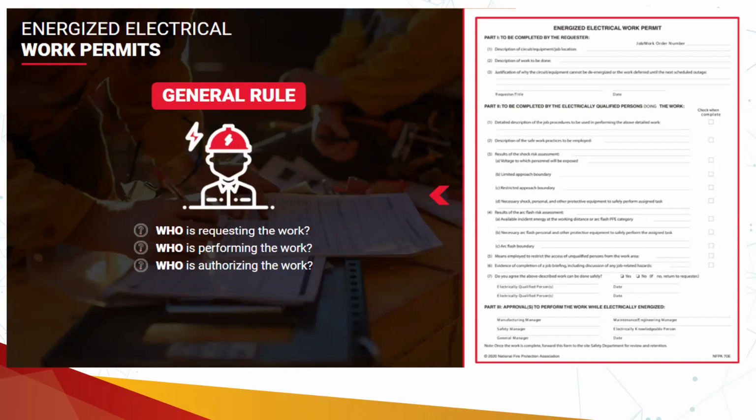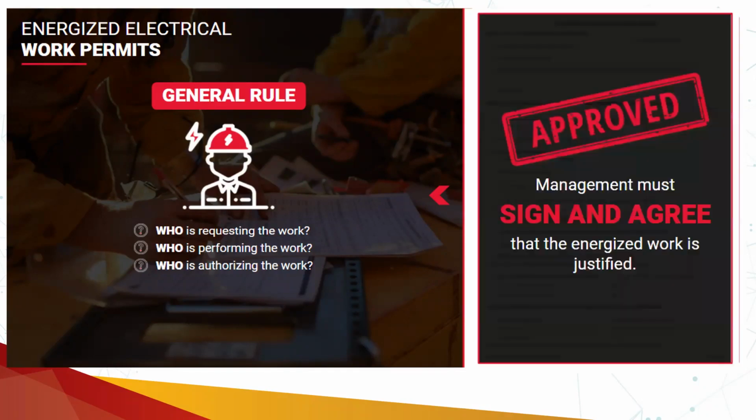Then someone with the main responsibility will be authorizing that work, and they are taking the responsibility as well. So if anything goes wrong, the people in the upper or top management are also responsible.